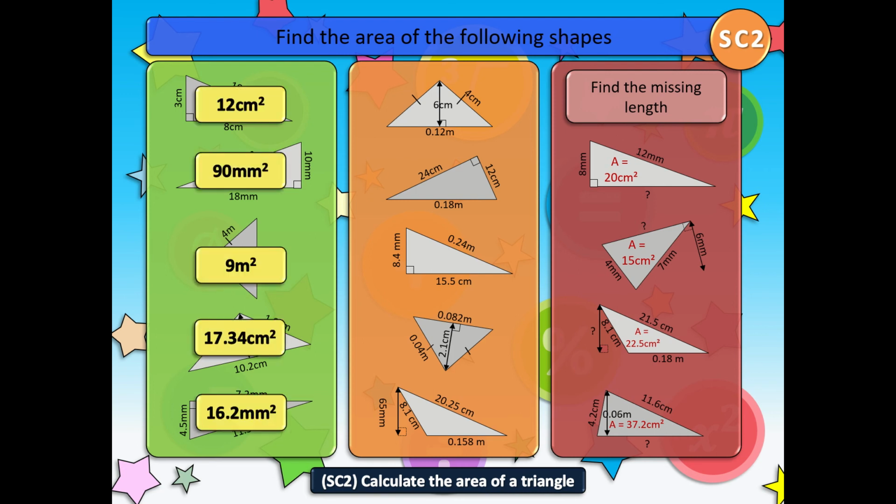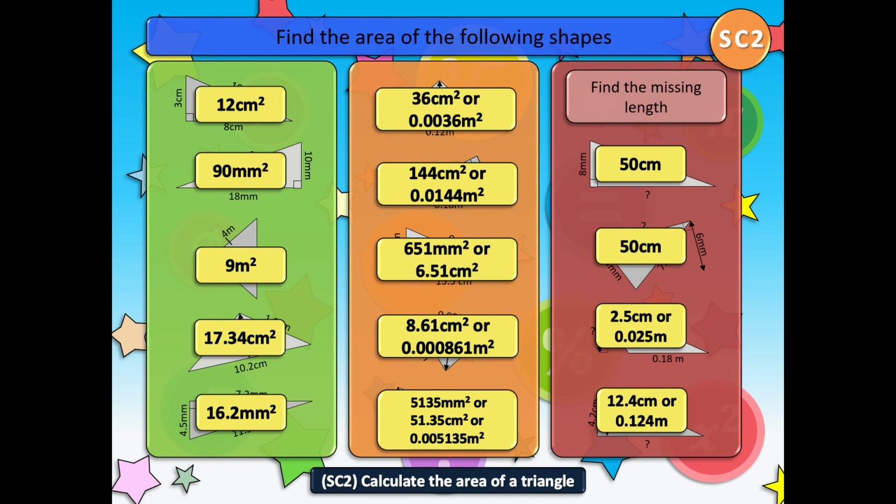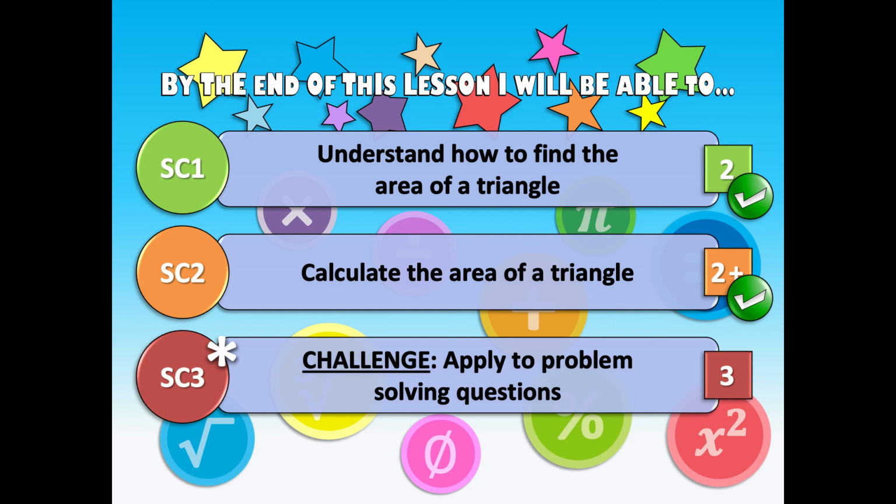There's your green answers. There's your amber answers. And there's your red answers. And now we've completed success criteria 2.